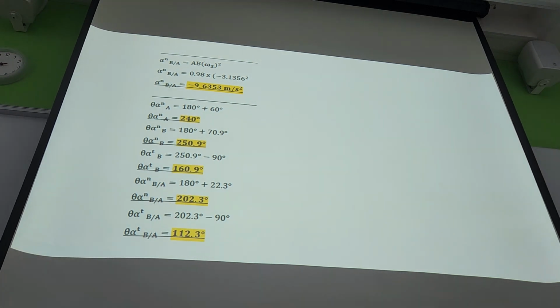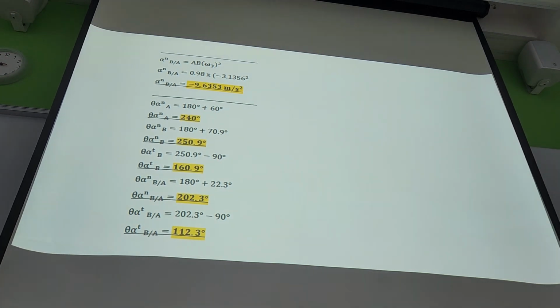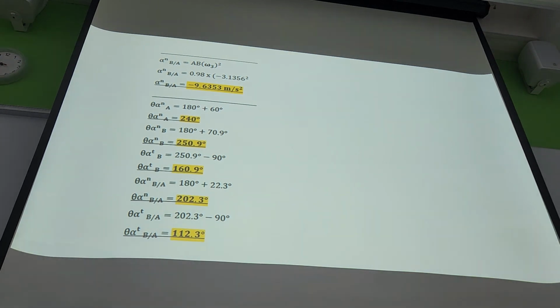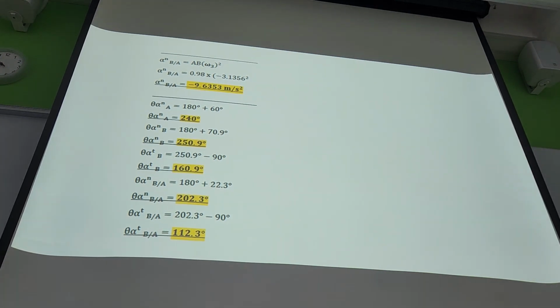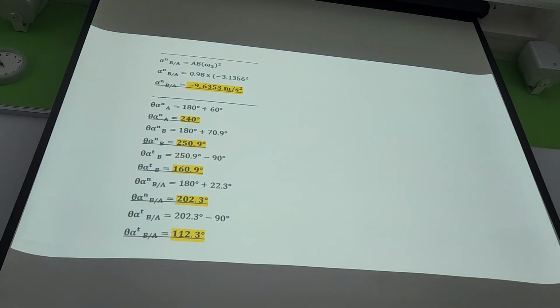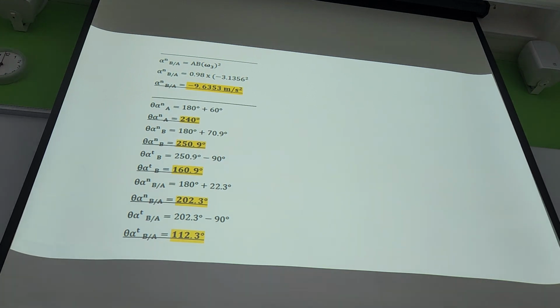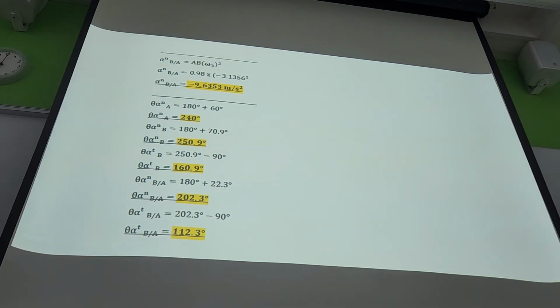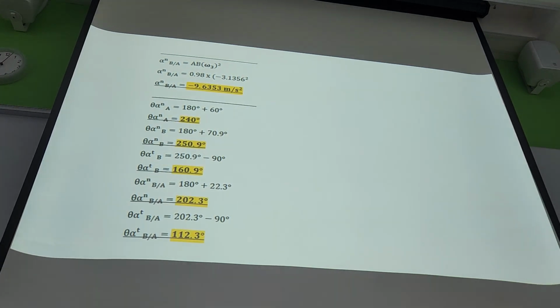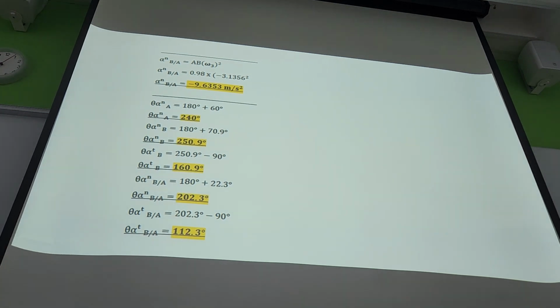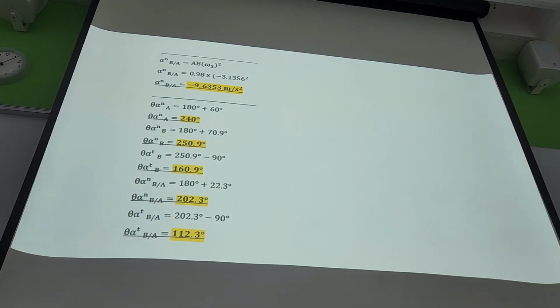So it is AB into omega 3 square. Then these are the angles. The normal component of acceleration of A has an angle of 240 degrees. Then the normal component of acceleration of B is 250. Similarly, you can measure all the angles from your drawing.